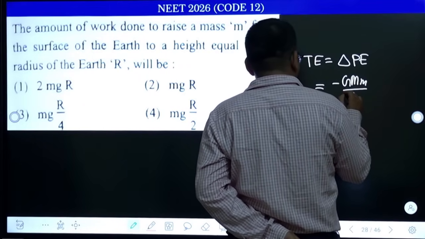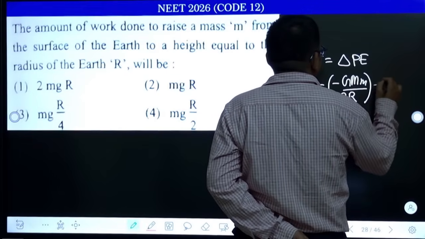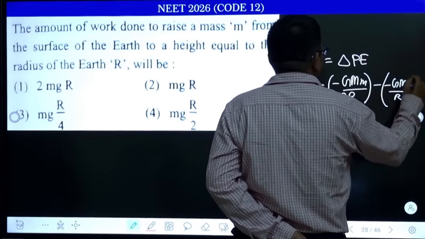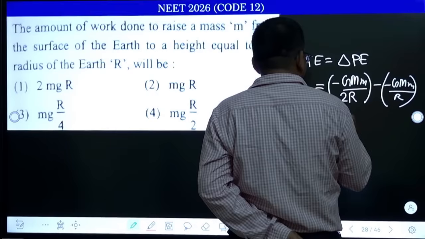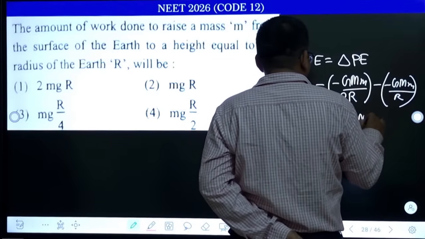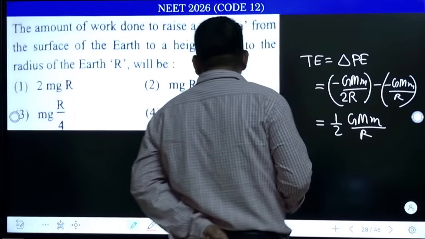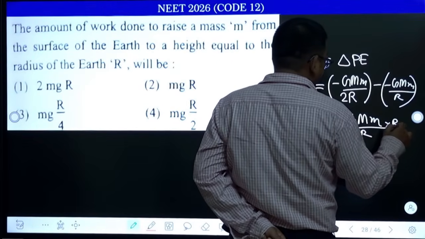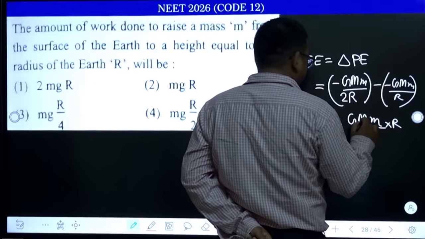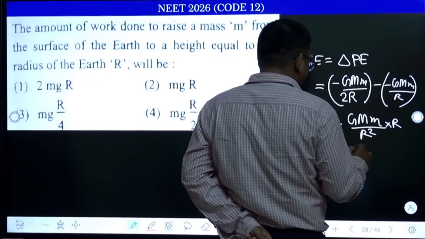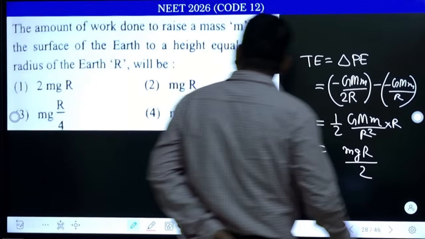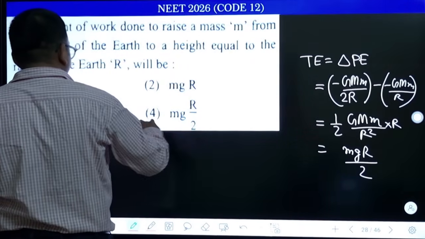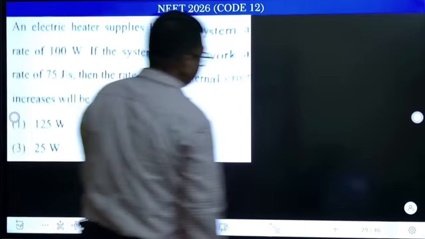Final is at 2R from center, minus initial, minus GMm by R. So when you subtract this, this will come half GMm by R. Now you have to multiply with one capital R and one R here. So GM by R square is small g, so mgR by 2. mgR by 2, you can go with this answer. Okay, let us move to the next.